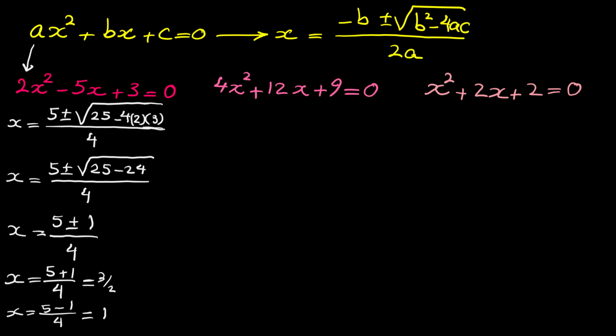Now let's try the next example: 4x^2 + 12x + 9 = 0.